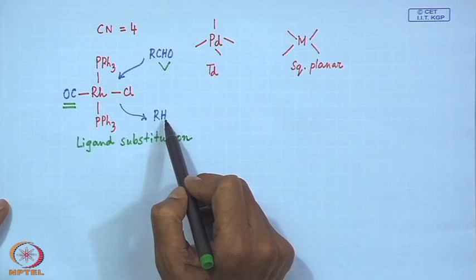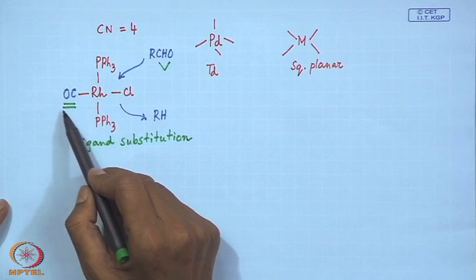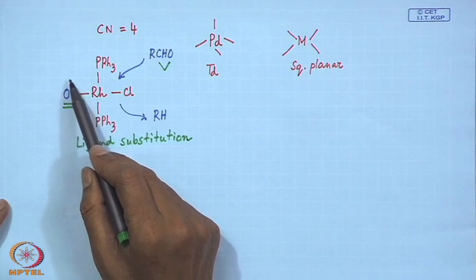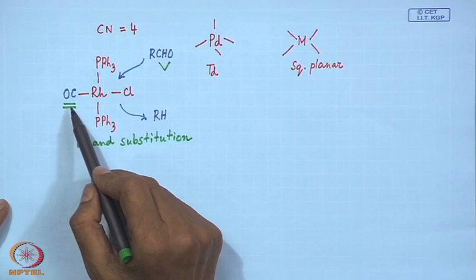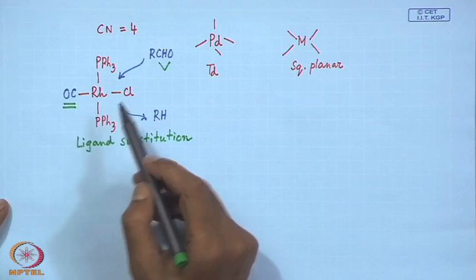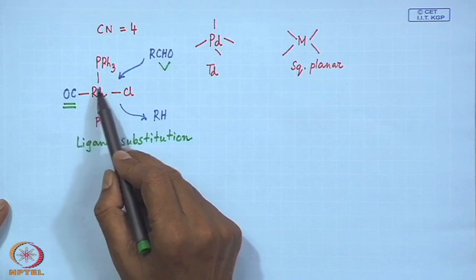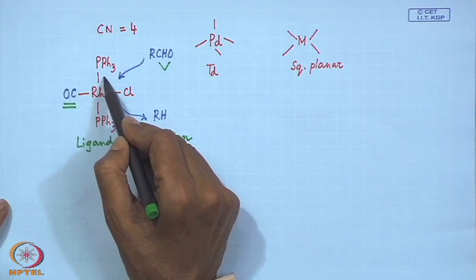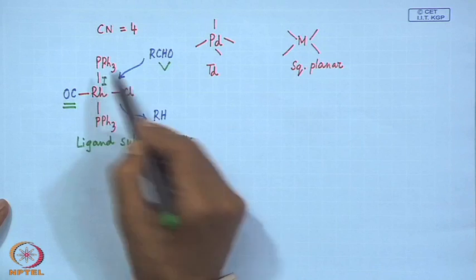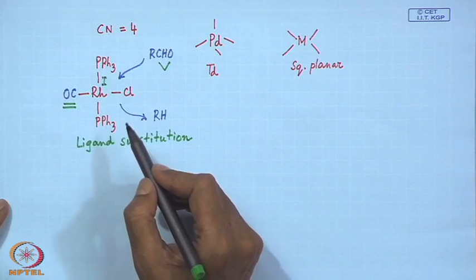The triphenyl phosphine being removed from this position was a neutral ligand and is now newly occupied by a carbon monoxide molecule, which is also a neutral one. So, the oxidation state of this center is not getting changed, which is still in the monovalent state.